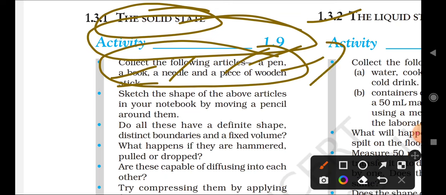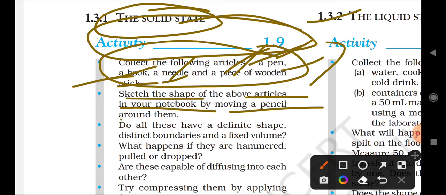Take them and make a diagram of each in your notebook using a pencil. Sketch the shape of the articles by moving a pencil around them.